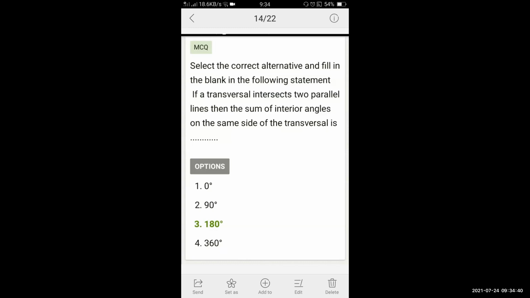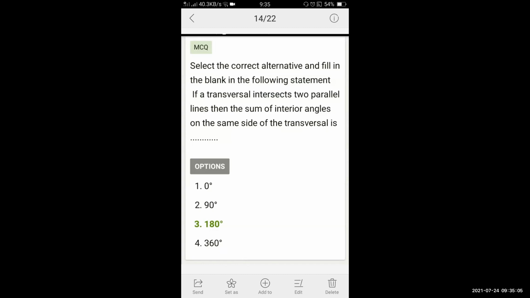I'm reading that one. If a transversal intersects two parallel lines, then the sum of interior angles on the same side of the transversal is. Now recall all the details we learned in all classes.